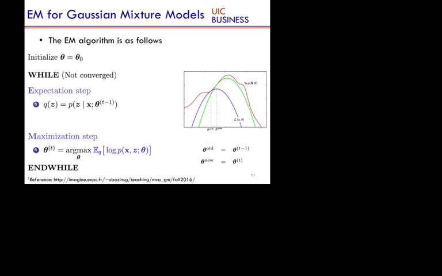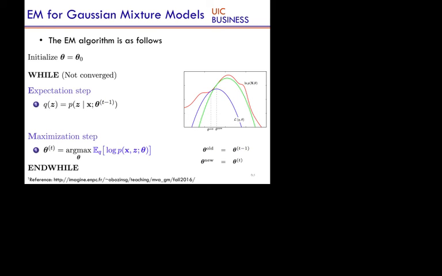Q of z you can just evaluate from the previous theta value. When you use that Q of z and get the next value, you will make progress in some direction where there is a local optimum. So here, for example, there's a local optimum with respect to theta here, here, and here. Theta new is this one.